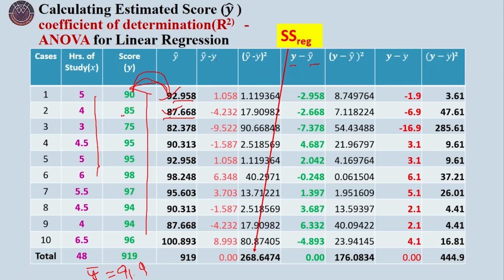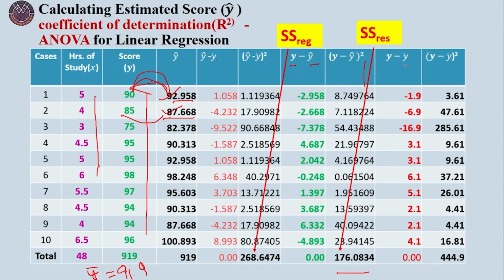Similarly, for these two, you will get minus 2.668. So we have got the residual value of y, and if you square this, you will get this particular column, which gives you the residual sum of squares, which comes to 176.834.